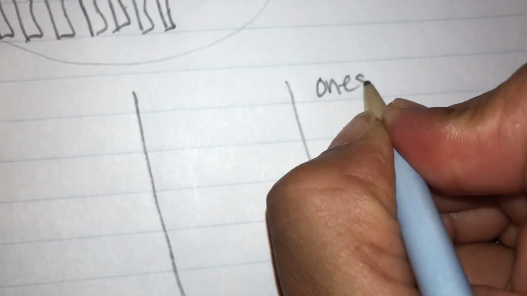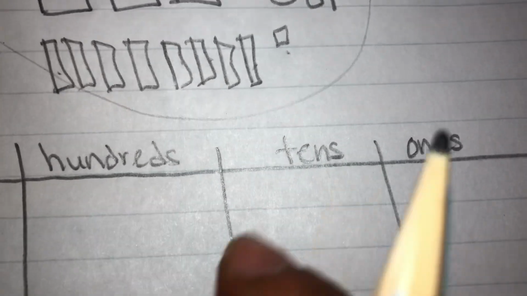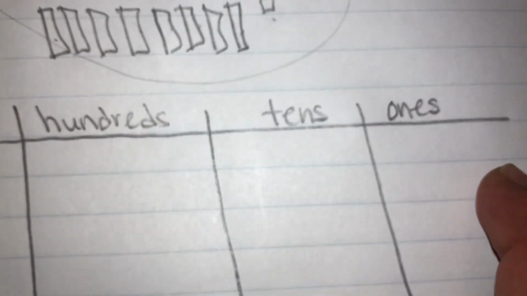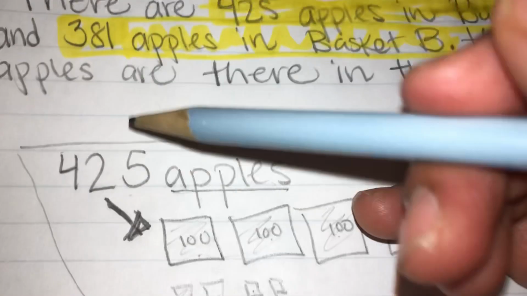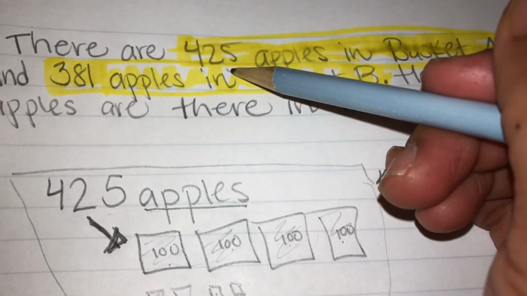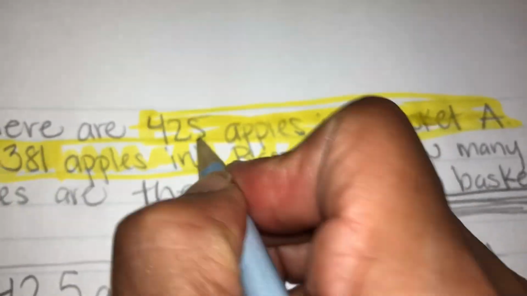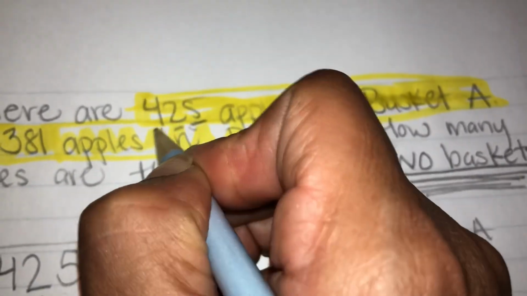Another way they can do it is they can make a chart, a place value chart. So this would be the ones, this would be the tens, this could be the hundreds. Okay, so again, they have a chart, a place value chart, and they need to fill it in with the number of apples. So we can begin with 425 apples. So in this case, we begin with the ones, then the tens and the hundreds.